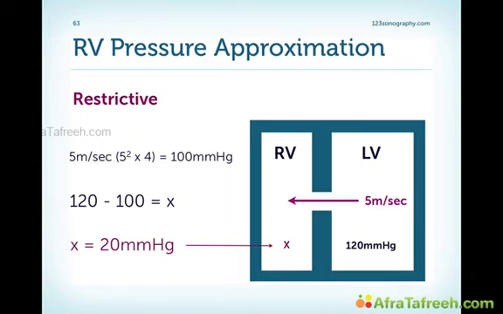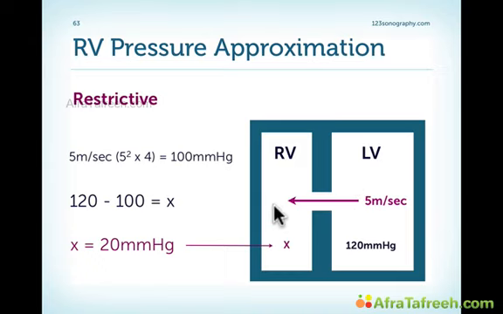Now we could theoretically use these velocities measured with continuous wave Doppler to calculate the pressure difference between right and left ventricle. For example, having a VSD with a high velocity of 5 meters per second, this means that we have, using the Bernoulli equation, a gradient of 5 squared times 4, so 100 millimeters mercury pressure difference between left and right ventricle.